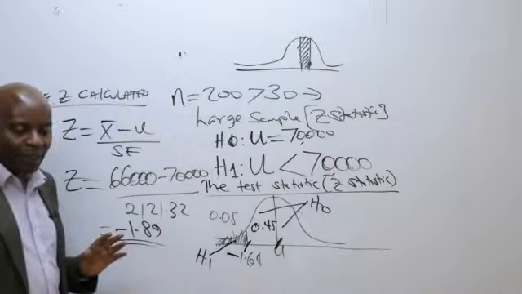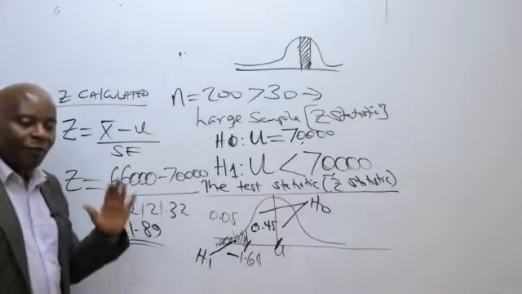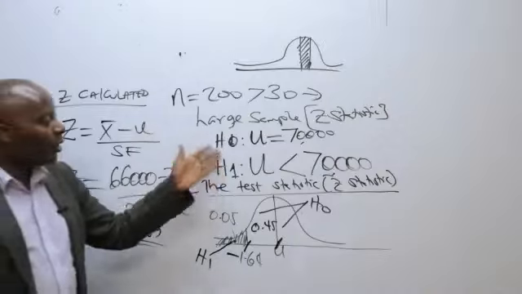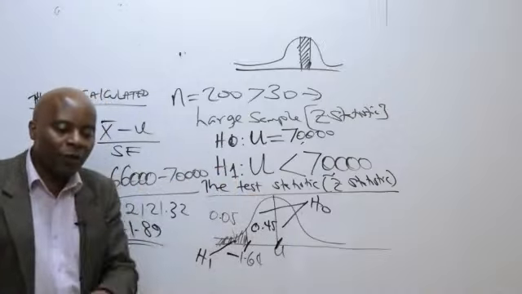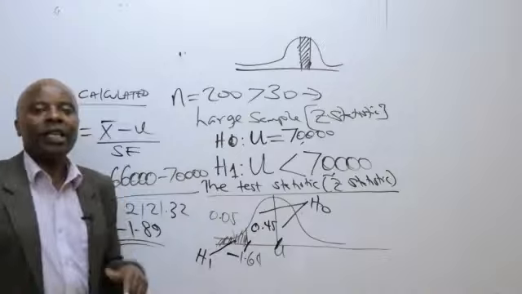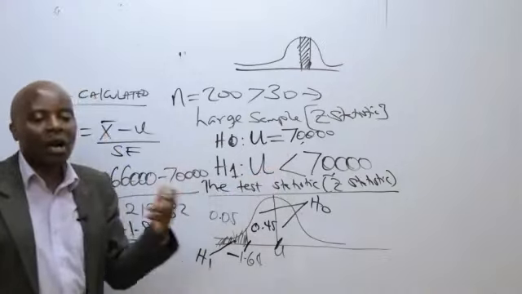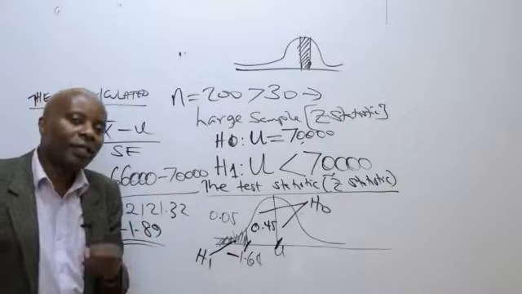We accept H1. And if we are accepting H1, what are we saying? That this lady who was saying that this system is not effective was right. The lady who was saying that the system is not effective, that less than 70,000 receipt is what we will be getting, then the lady is correct.